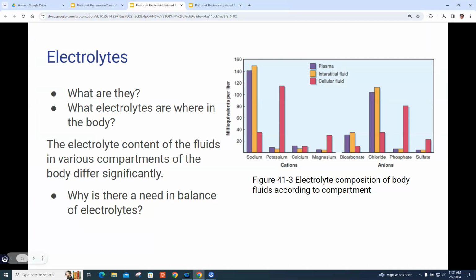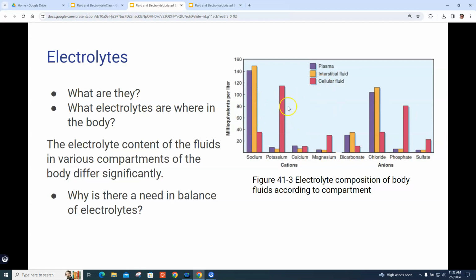Excuse me again. Electrolytes. What are they? What are the electrolytes, and where are they found in the body? I like this figure 41-3 from your fundamentals text, because it is telling you plasma, interstitial fluid, and cellular fluid.